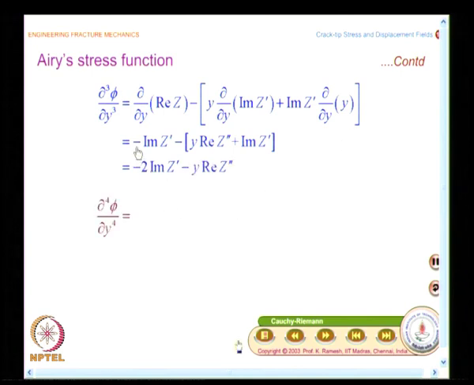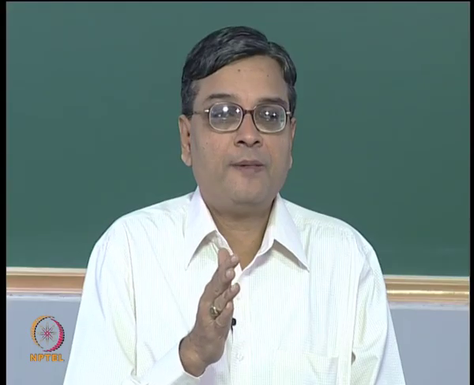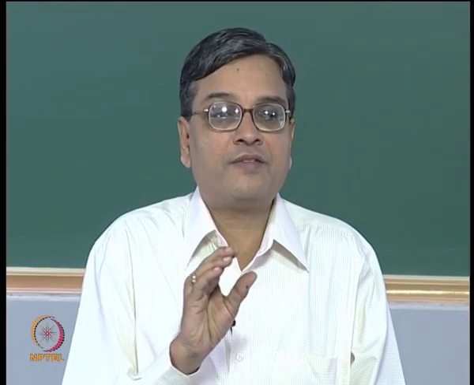I have this as minus the imaginary part of z prime minus y real part of z double prime plus the imaginary part of z prime. So, these two add up. So, I have this as minus 2 times the imaginary part of z prime minus y real part of z double prime.